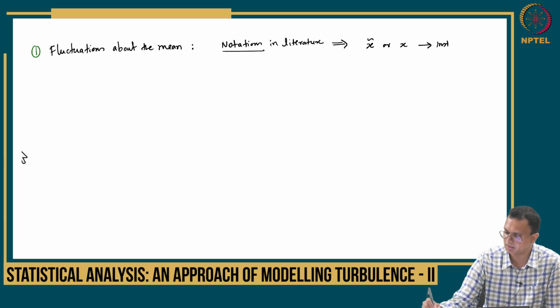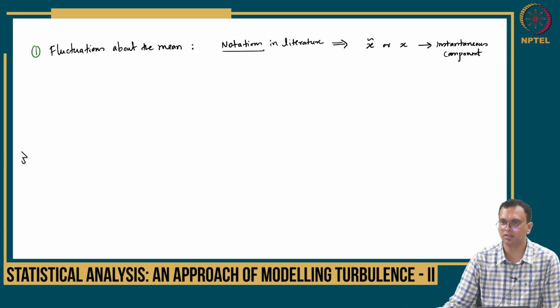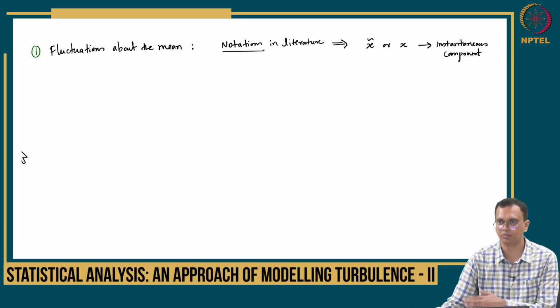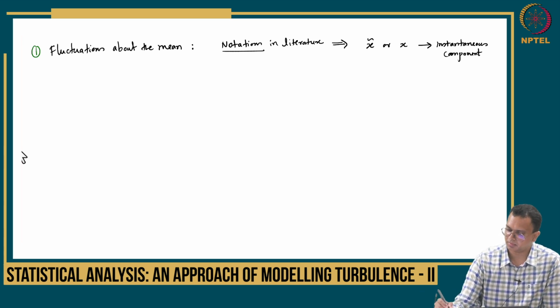These are the instantaneous component, just the way you are recording the signal itself, whatever we have shown, that is oscillatory. That can be represented as x or x tilde, and when they use x tilde, they use x for the fluctuation, or x prime.